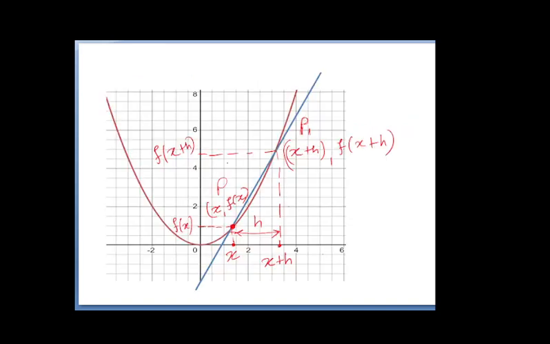One is x, which has coordinates x and f(x). Another point is x plus h, where h is a very small distance, and the y value will be f(x plus h), because generally we denote the equation as y equals f(x).